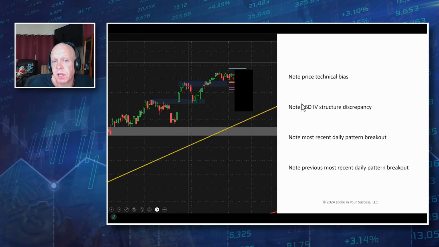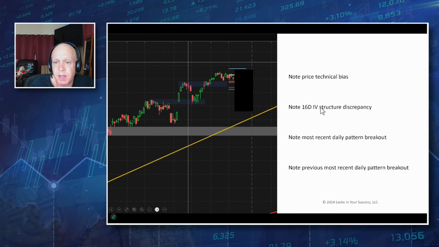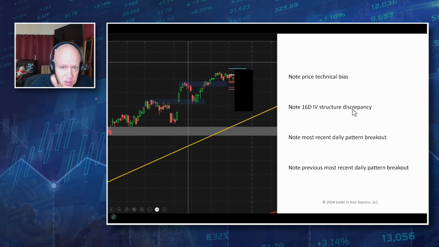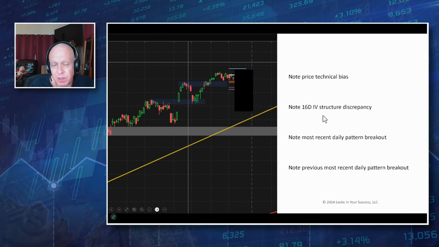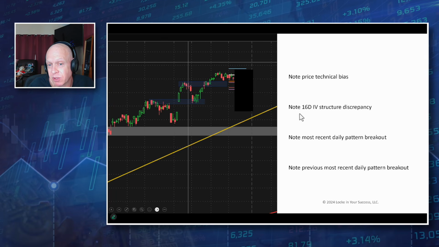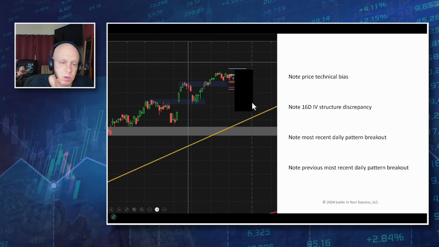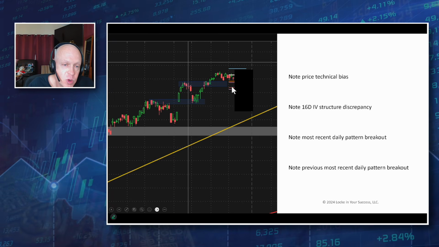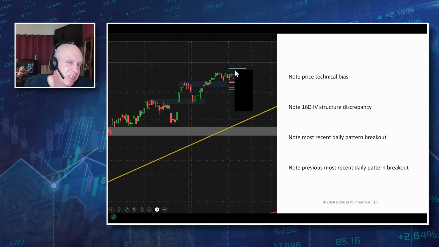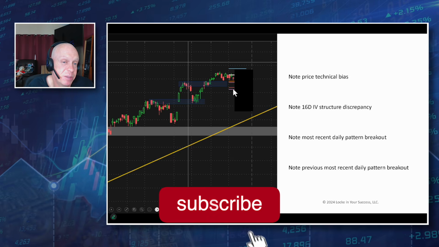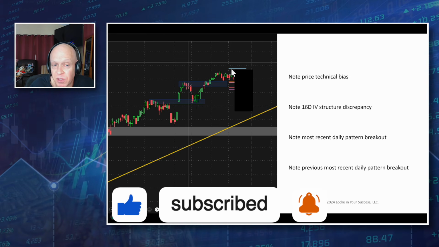I noted this on Market Outlook this morning, our 16 delta IV structure discrepancy. So we have a bullish technical bias, but I would argue a bearish, or certainly not bullish, IV structure coming into the week. When we have more room on the bottom side than the upside, it's an indication that they're a lot more interested in the puts, or that maybe they're selling calls, institution-wise.